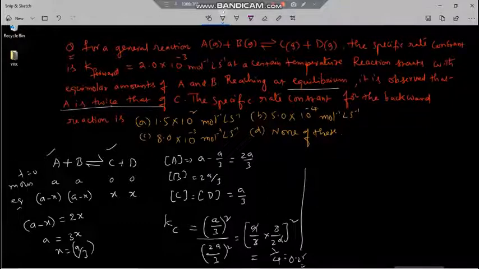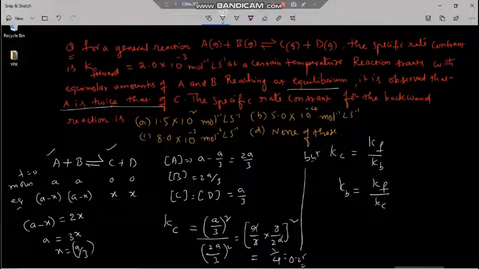But we know the relation between this Kc and the forward and backward reaction specific constants: Kc is equal to Kf by Kb. We want Kb only. So Kb is equal to Kf by Kc.